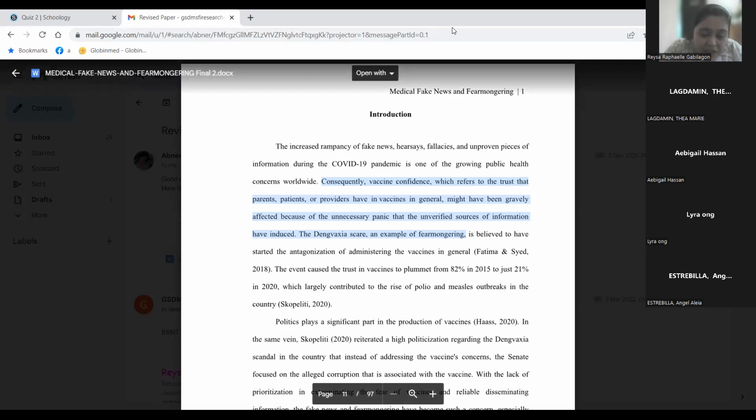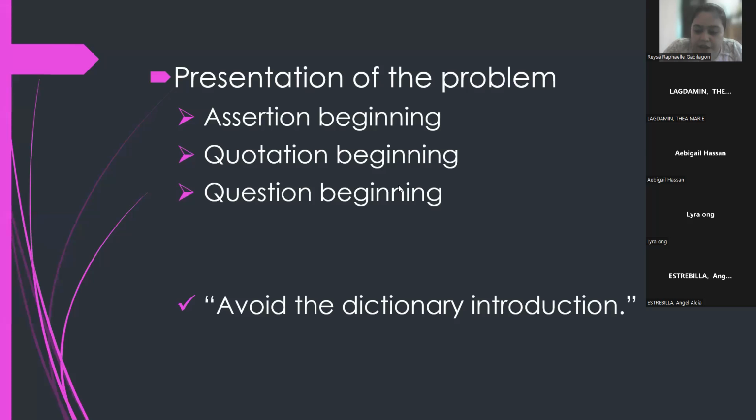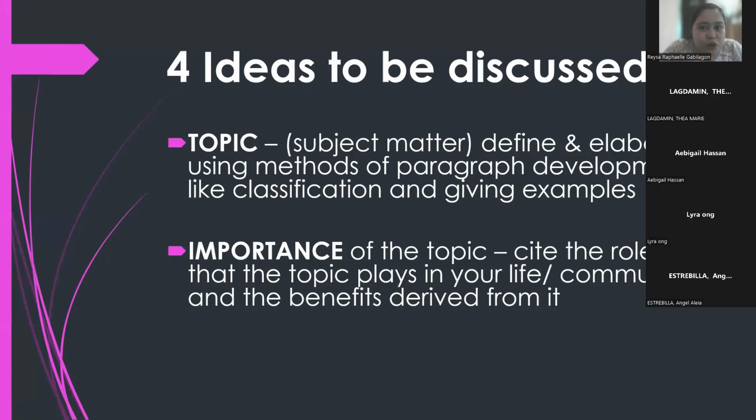That's just the beginning of the introduction ha. You may ask question if you are confused about something. Okay? But what are the other things that you need to discuss in your introduction? So aside from the assertion beginning, syempre after that, you have to again explain, define, or elaborate your research topic.